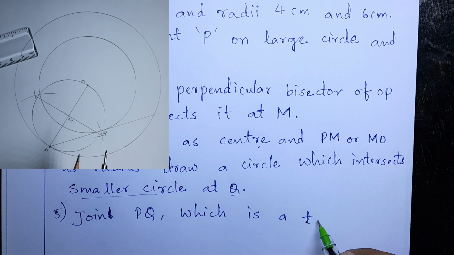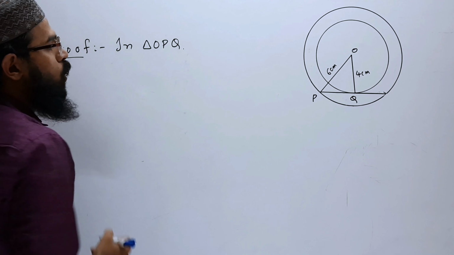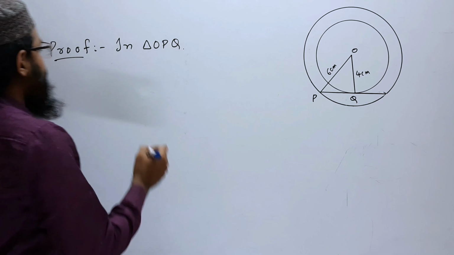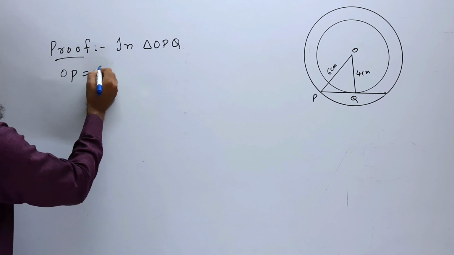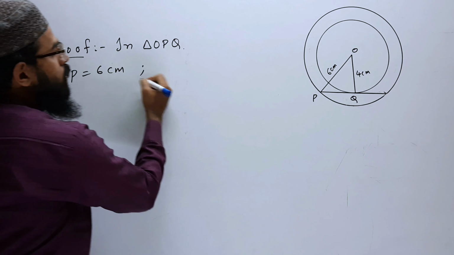Proof: in triangle OPQ, we know that OP is equal to 6 centimeter and OQ is equal to 4 centimeter.